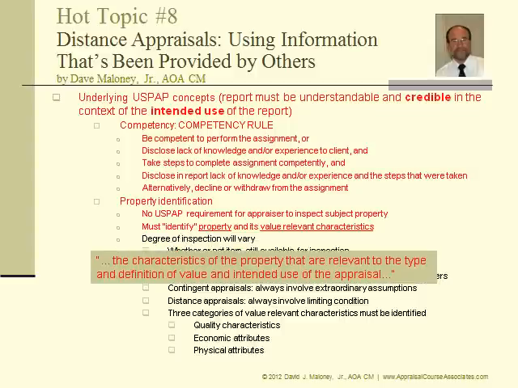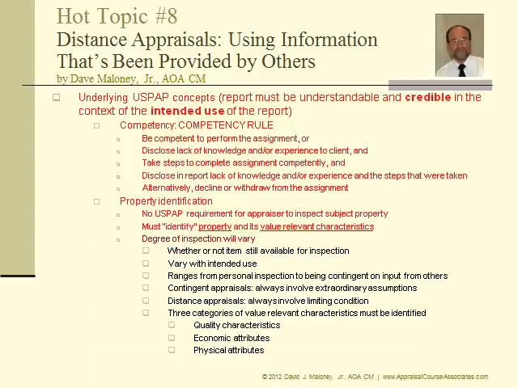The degree or extent of inspection required in order to identify the item and its value-relevant characteristics will vary depending on assignment conditions, such as whether or not the property is still available for inspection, and on the intended use of the report. For example, the inspection might be extensive for an IRS self-contained report, but be relatively modest for a restricted use report meant only for the client's personal use.